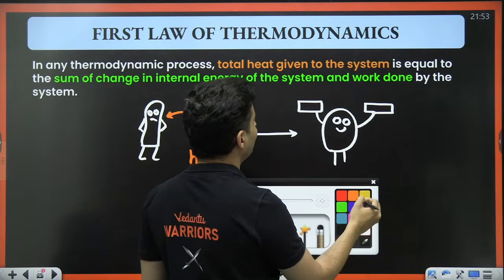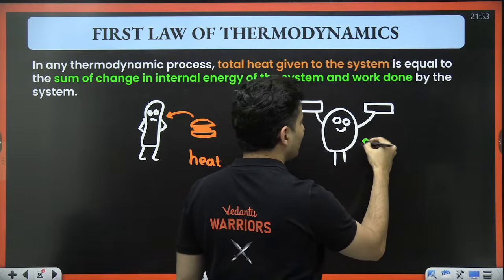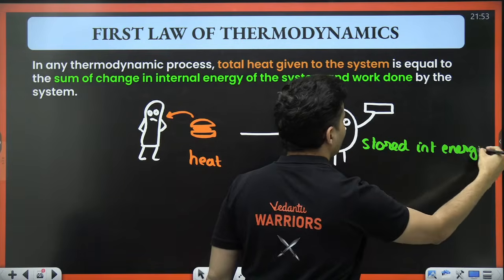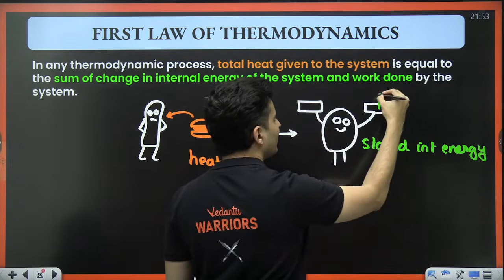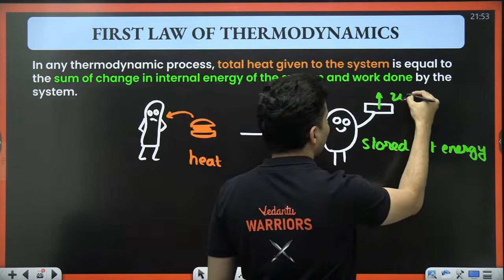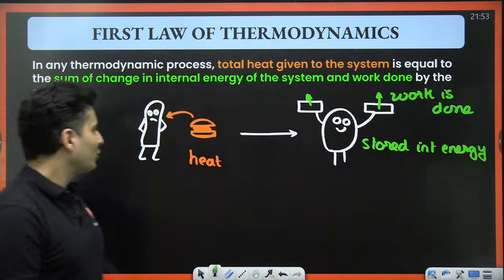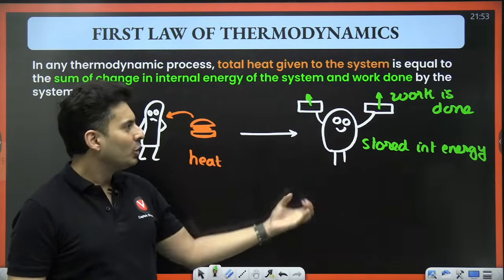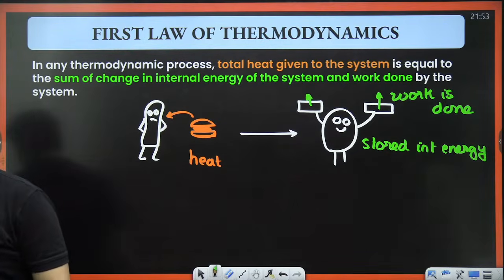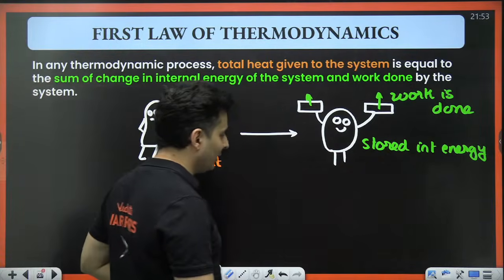So what has happened in this process is that the energy stored in his body, the stored internal energy, has gone up, and at the same time, because he is lifting these things out of that food that he ate, work is also done. So the heat supplied is utilized to do some work, and maybe some part gets stored. That is what the first law is. Yes, Pandu ate the burger without you. That's why he's become fat. Very nice and happy Pandu over here.